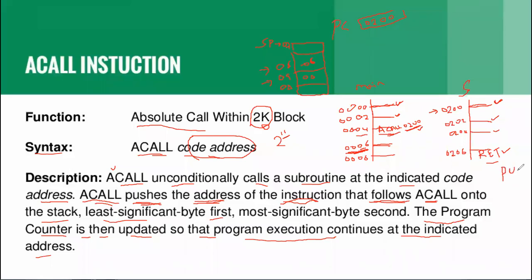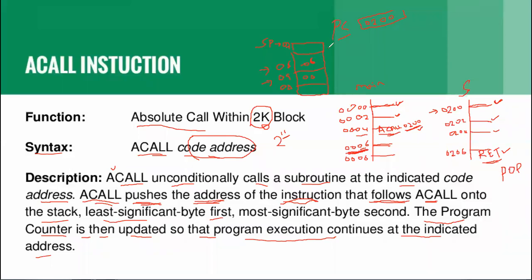What is a pop instruction now? Taking back the data which has been stored onto the stack, correct? But where will that data be popped? That data will be popped into the PC register. Now what will happen when the return instruction is executed? What has been pushed onto the stack? 0006.